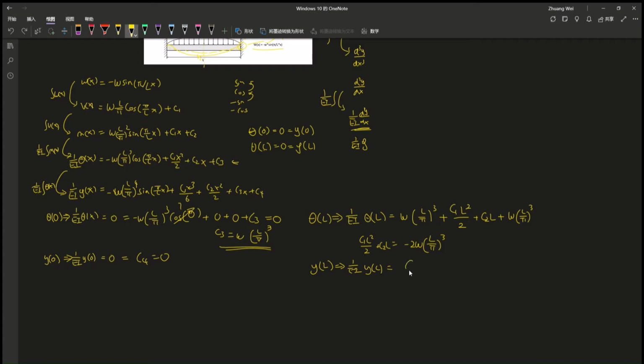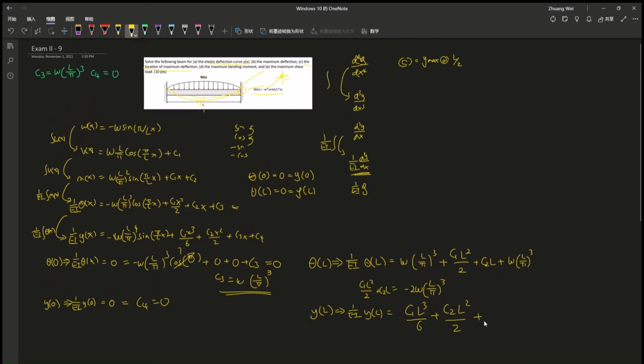So now it becomes C1 L to the power of 3 over 6 plus C2 L to the power of 2 over 2 plus C3 L and plus C4, which is 0, so we don't have to write that. And C3, we also figured out over the top, which is W L over pi to the power of 3 times L. Does the whole thing equal 0.